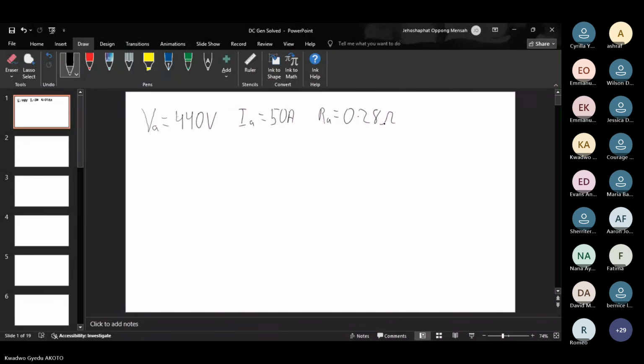And we have Z, which is our number of conductors. Z is 888 conductors, and flux per pole phi is 0.023 Weber.